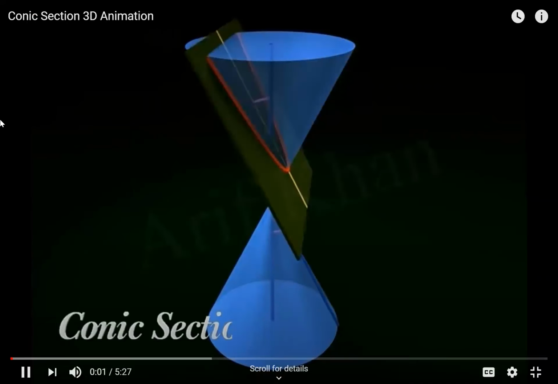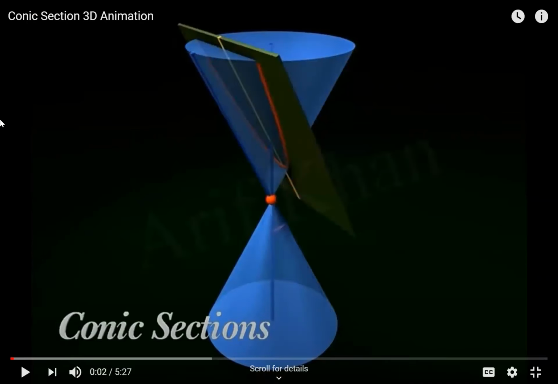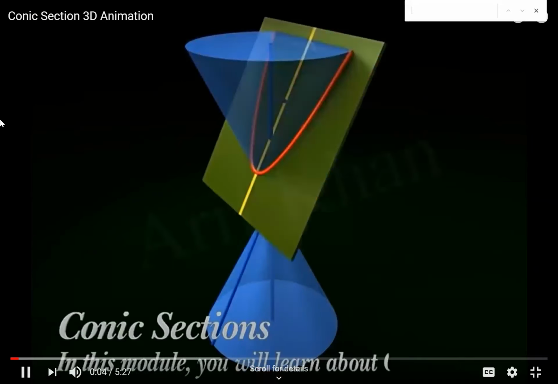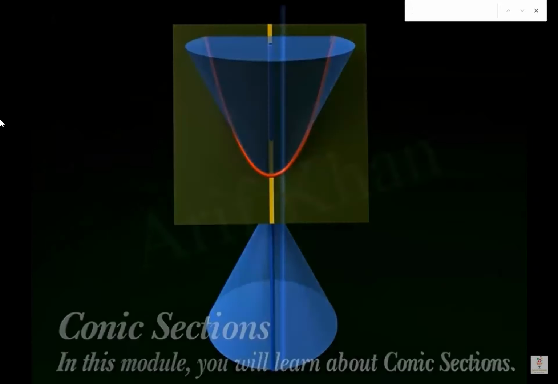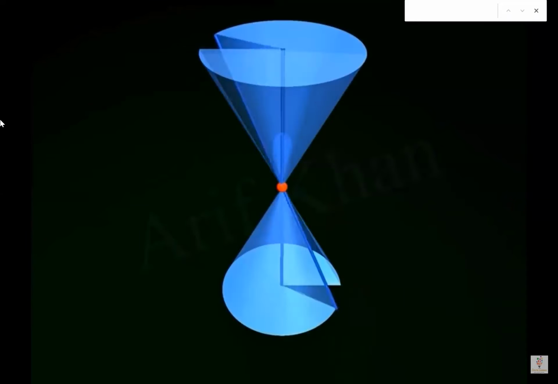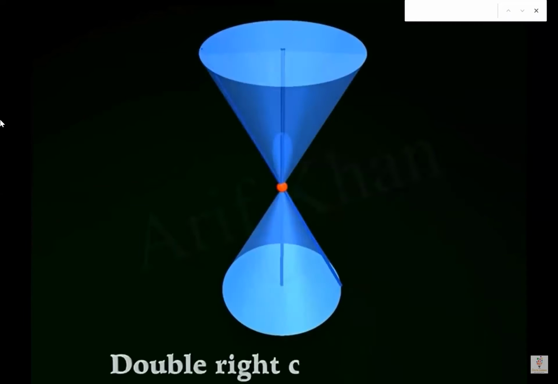Conic sections. In this module, you will learn about conic sections. When a straight line intersects the vertical line at a fixed point and rotates about that fixed point, the surface obtained is called a double right circular cone.